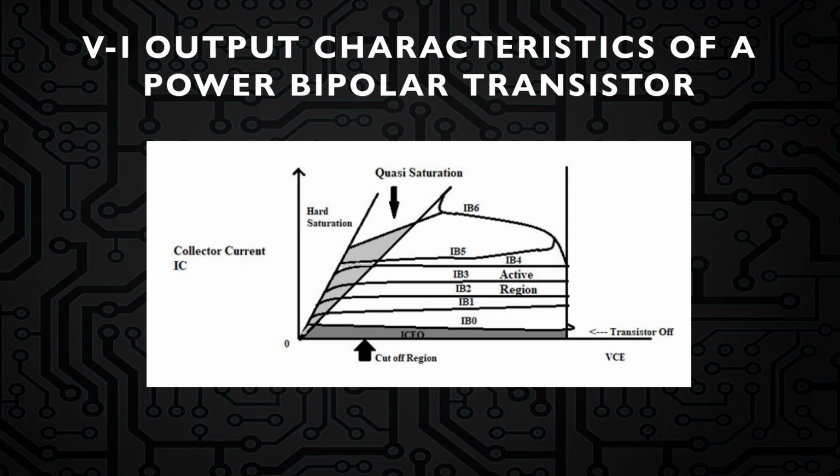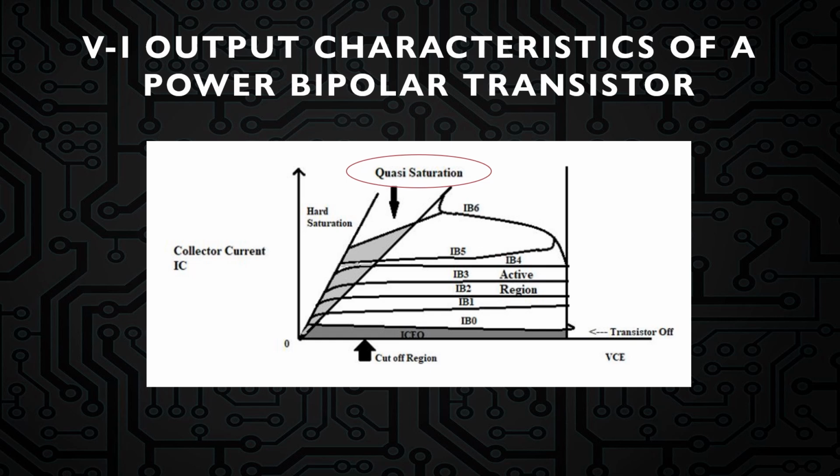Once the collector current has reached the maximum, the transistor switches to the saturation region, where it has two saturation regions, quasi-saturation region and hard saturation region. A transistor is said to be in a quasi-saturation region if and only if the switching speed from on to off or off to on is fast.